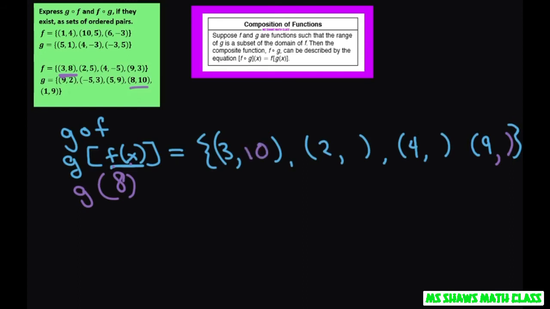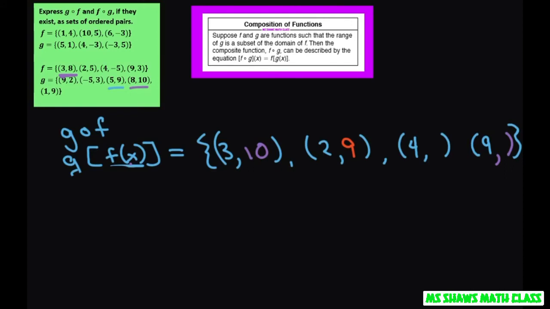Now go to 2. So g f of, I should have done f. f of 2 is 5. So now we want to do g of 5. g of 5 maps to 9. That's your value there, 9. All right, next, 4.